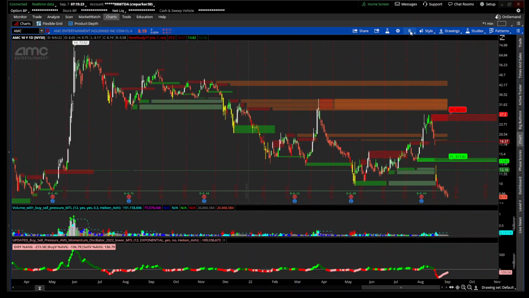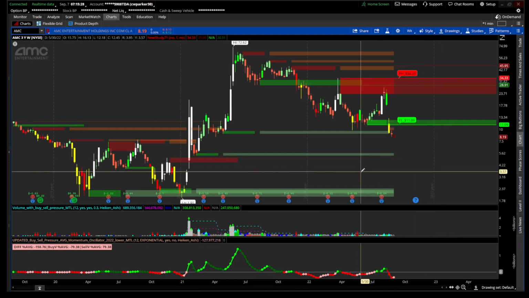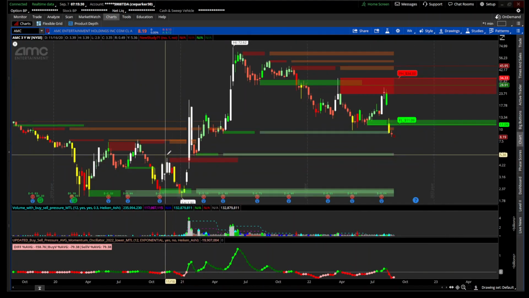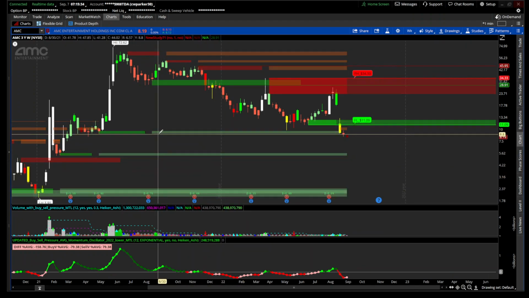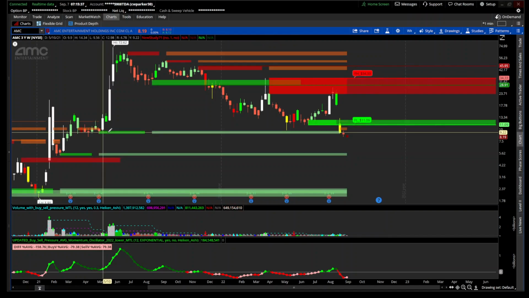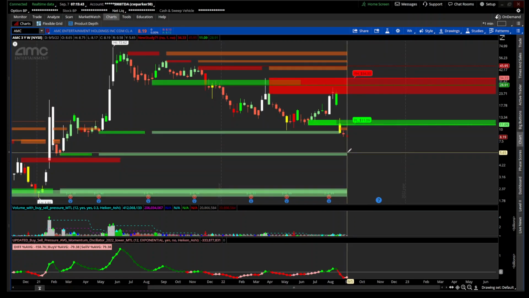So let's push it over to the weekly chart and see what we get. And this is what we get on the weekly chart. You can see how I found this demand area right here from this candle back here. And it stopped right there, but it's not showing any more demand into this area right here.